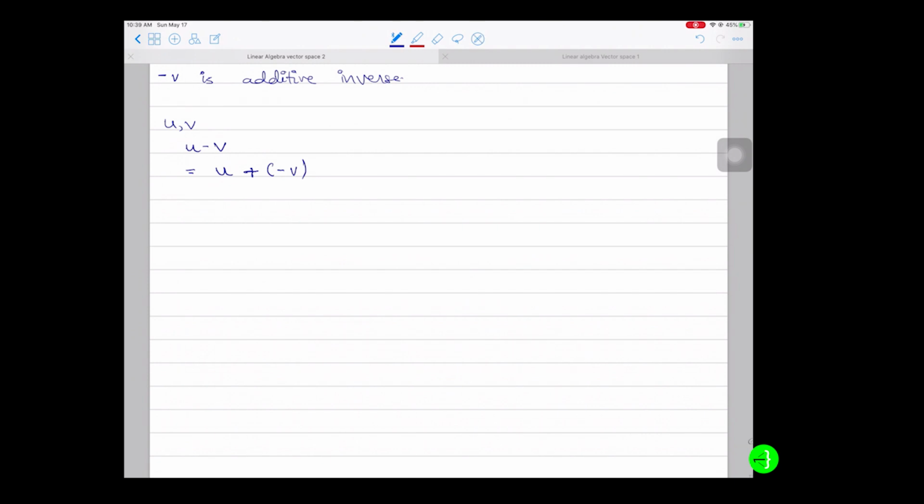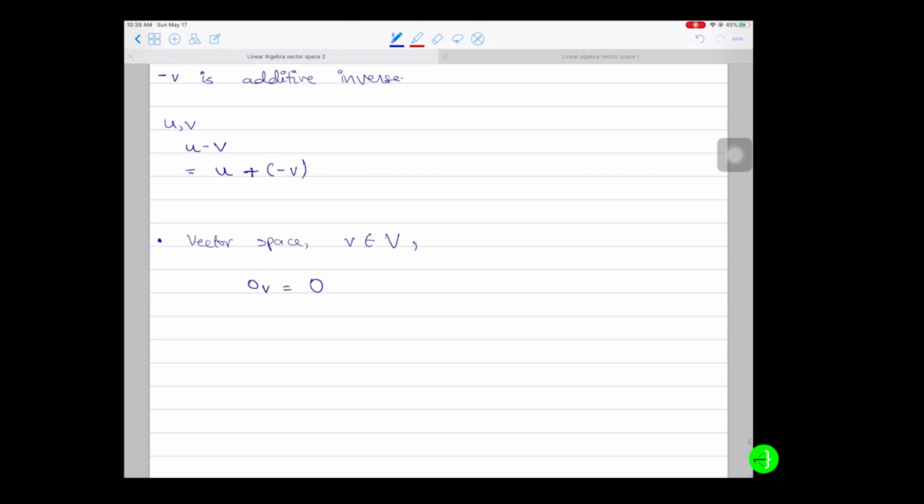And for all vector spaces, this is one more important point to remember: for an element within a vector space, 0 times that element is 0.